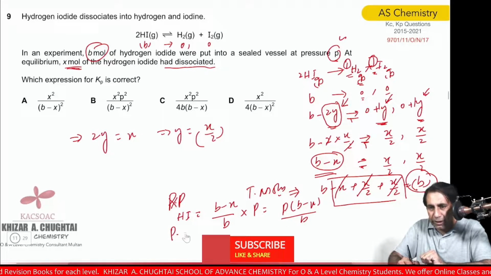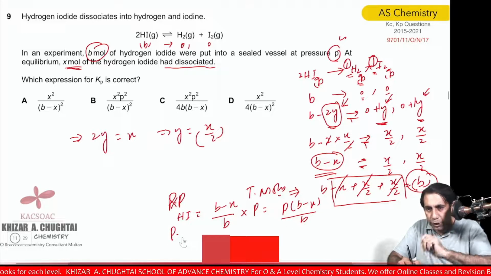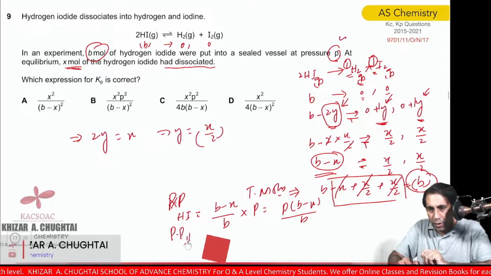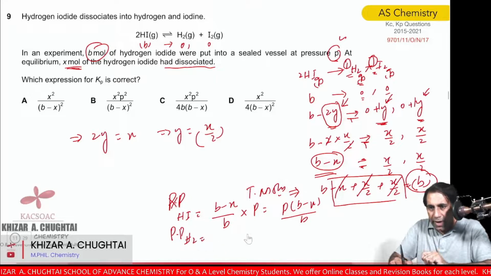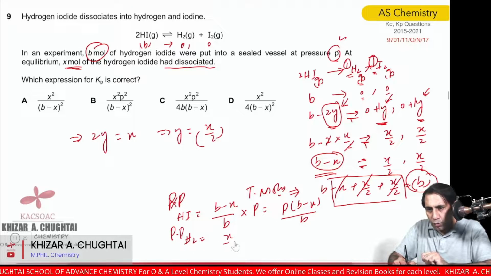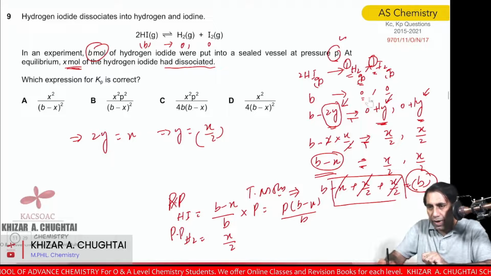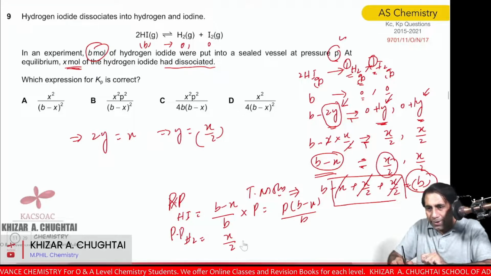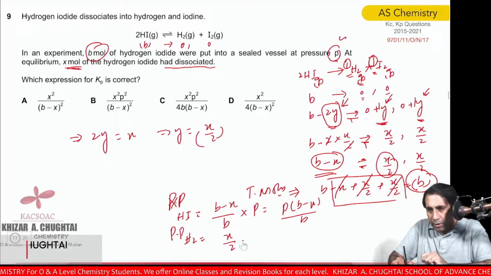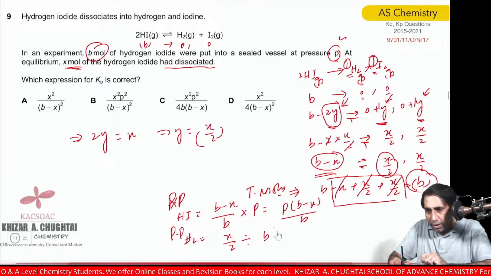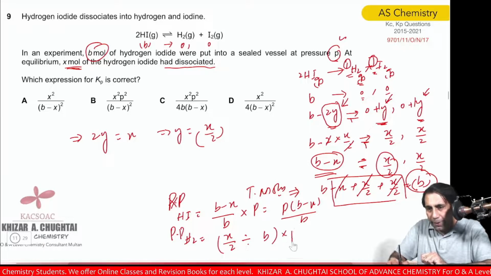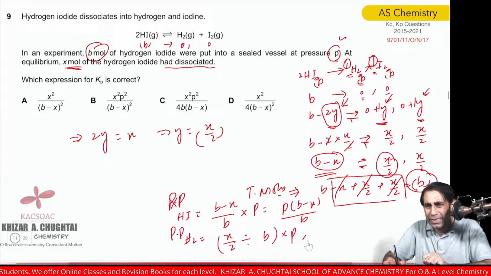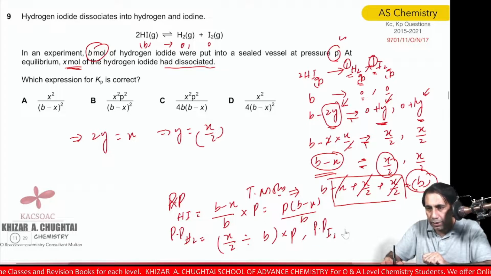Same is the case, partial pressure of H2. X by 2 mole of hydrogen is over here, divided by B and whole multiplied by the total pressure, that is equal to P. Same is the case for the partial pressure of iodine.